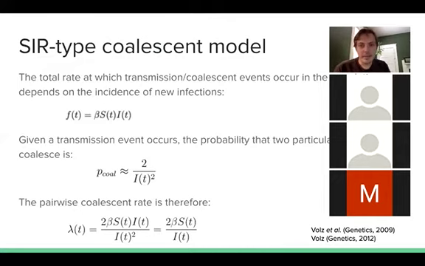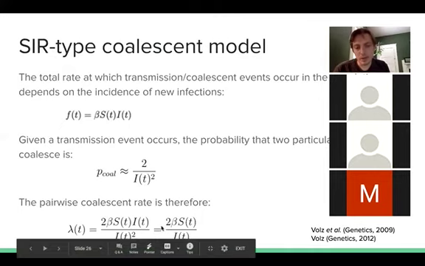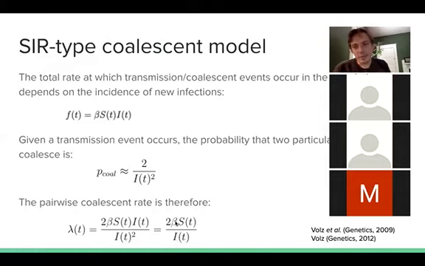This turns out to be actually true under these SIR coalescent models: the rate of coalescence will be equal to 1 over I, or 1 over the infected population size. But we were off by an important factor because we weren't considering the overall rate at which transmission events occur in the population. And as we've seen before, it's fundamentally necessary for a transmission event to occur somewhere in the population in order for two lineages to coalesce.